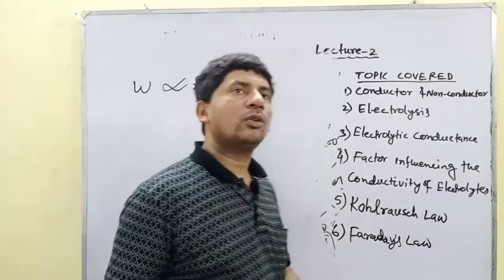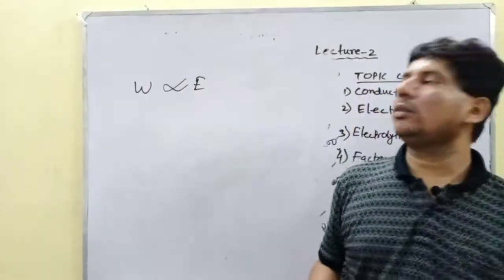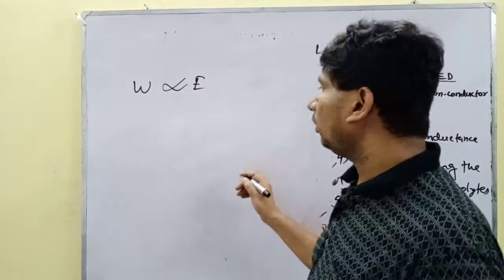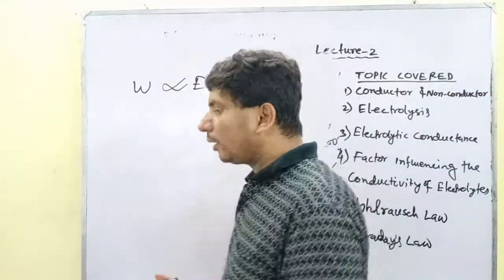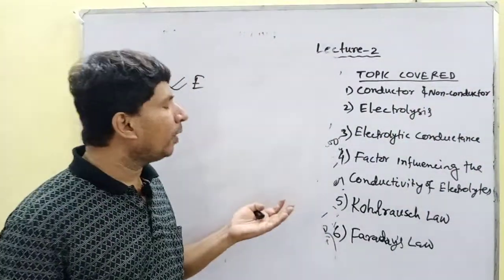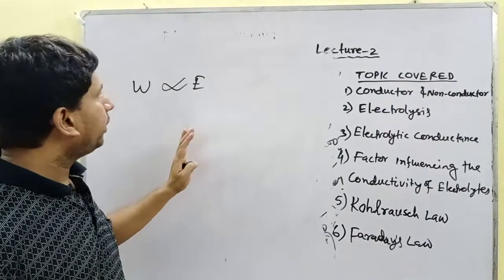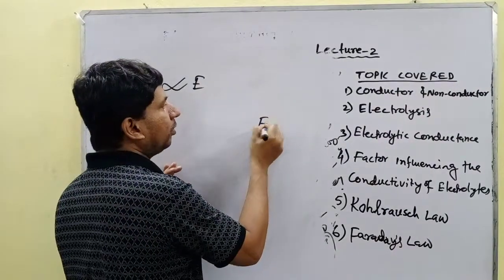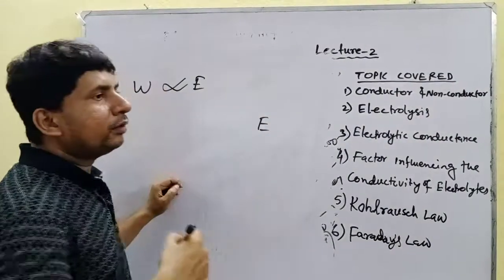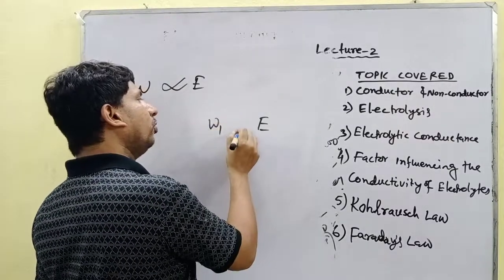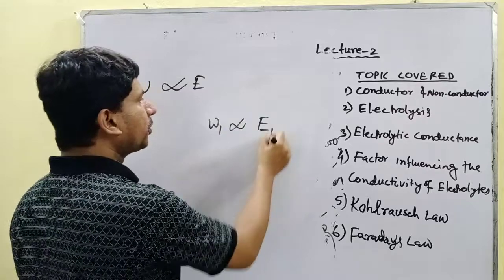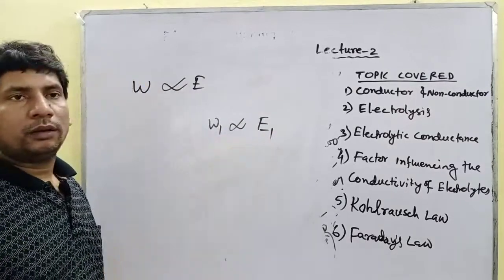Let us consider that for an electrolyte the equivalent weight is E1, and the amount W1 deposited is directly proportional to E1.